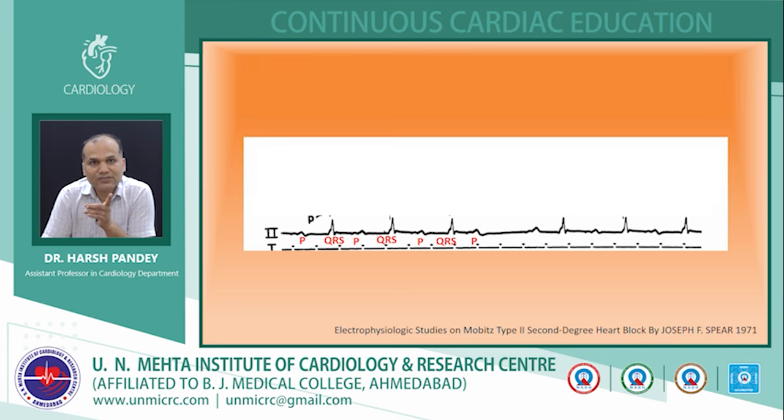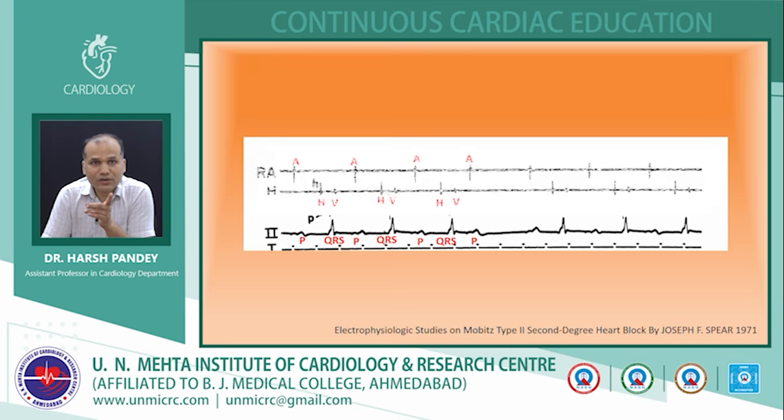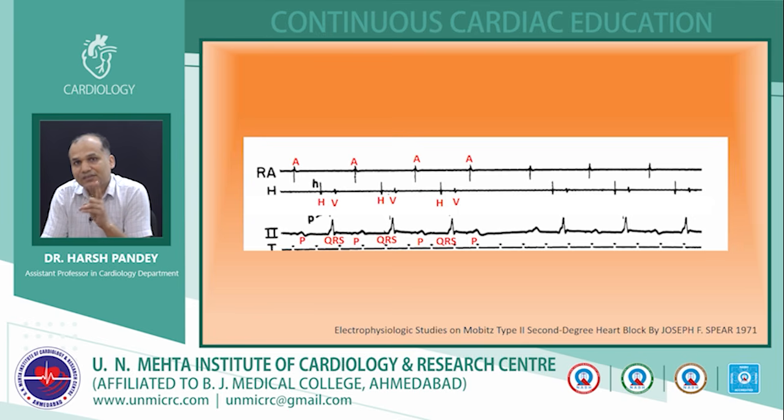When they did the EGM analysis of this patient, what they found was A, H and V; again A conducted through the H and then V; the third beat also had A conducted through the H and V; and the final beat has only A, there is no H. So you can see the PR interval was fixed, the RR interval was also fixed. Still one A beat, or one P wave, was not connected, and the level of block was at the supra-His level. A came and H did not come. So there is a Mobitz type 2 AV block and the level of block is at the supra-His level.